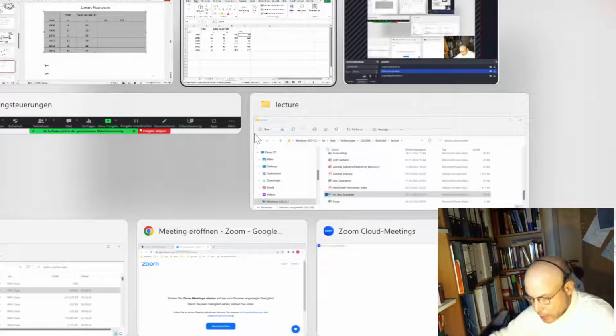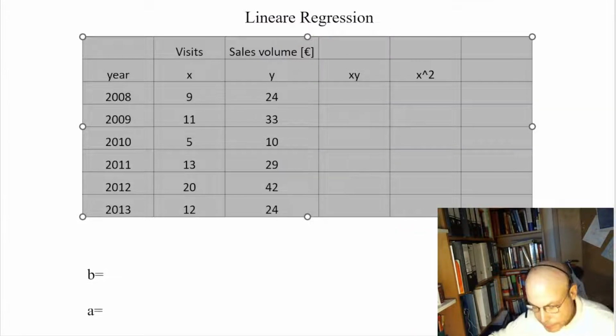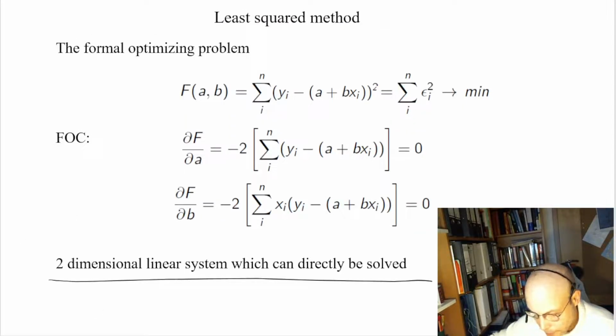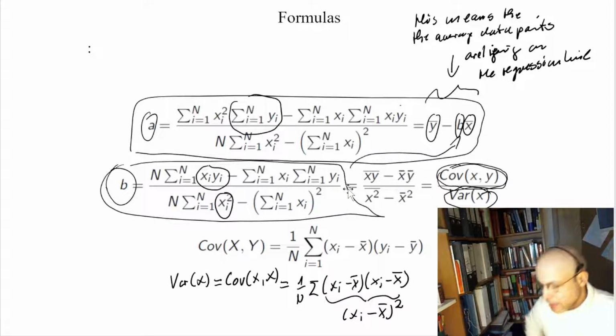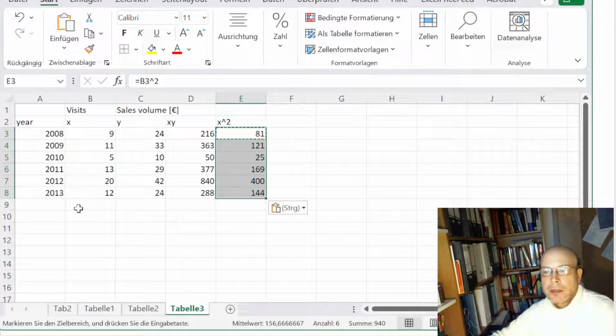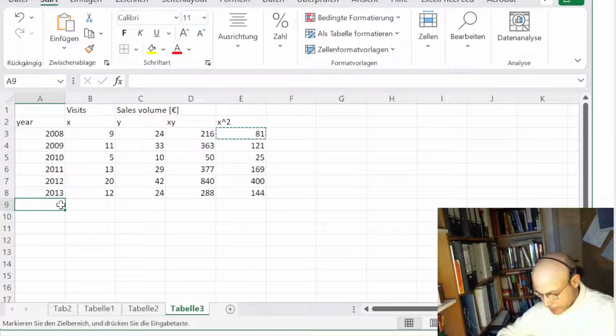And if we look in our formulas, where are my formulas? Here. Then we always need just the sum of these numbers. So we need the sum of xi, the sum of yi, we need the sum of xi squared, and afterwards also we need the sum of xi with the outer brackets squared. So then we need always the sum.